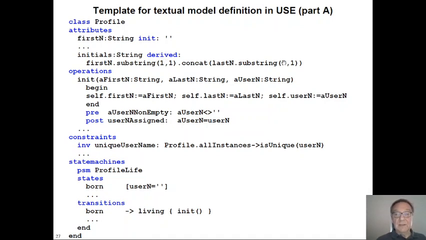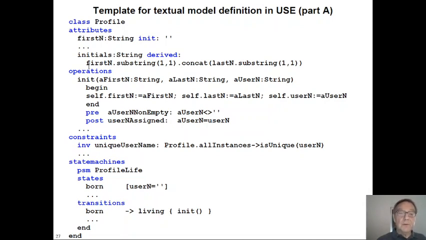And as a derivation rule, we see here one small example, namely the attribute initials that we saw in the class diagram and in the object diagram. It is a derived attribute, and the derivation goes as follows.